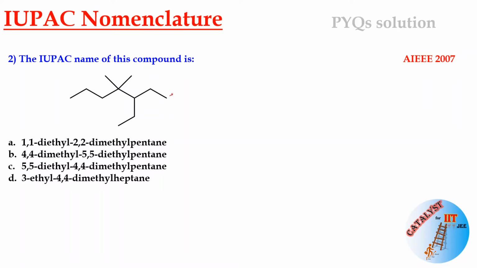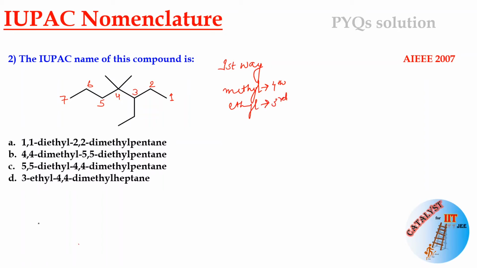First way is this: 1, 2, 3, 4, 5, 6 and 7. In the first way methyl is getting the 4th position, but the ethyl substituent is having the 3rd position.